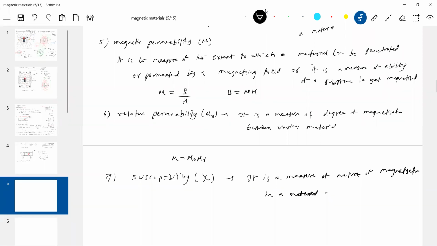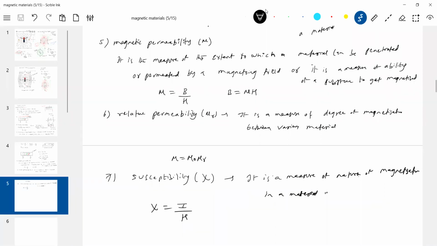So I'll define susceptibility as intensity of magnetization by magnetizing field intensity. In books, the definition is the ratio of intensity of magnetization to magnetizing field intensity. Of course, you can memorize the definition, but what is the meaning of that? It's a measure of the nature of magnetization. Nature means Bm in the direction of B naught or Bm opposite to B naught. That is what is reflected by chi.